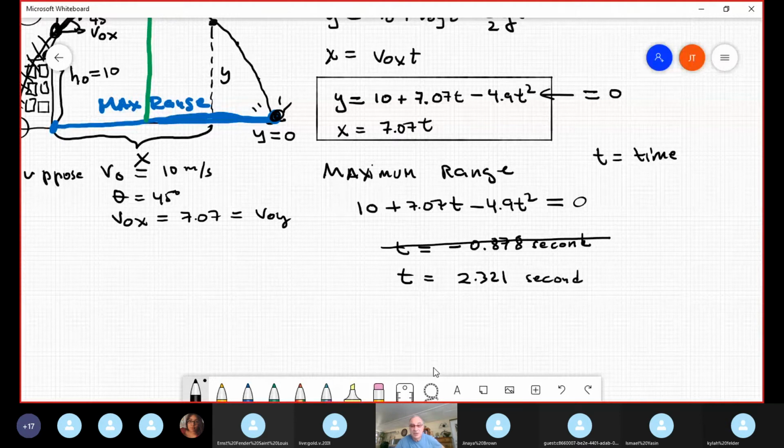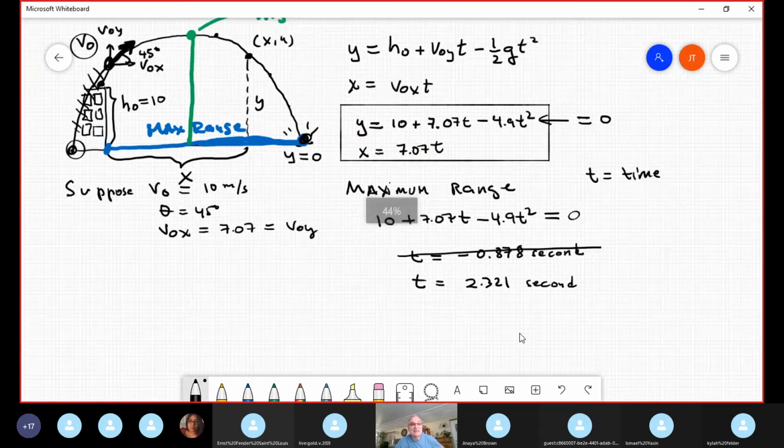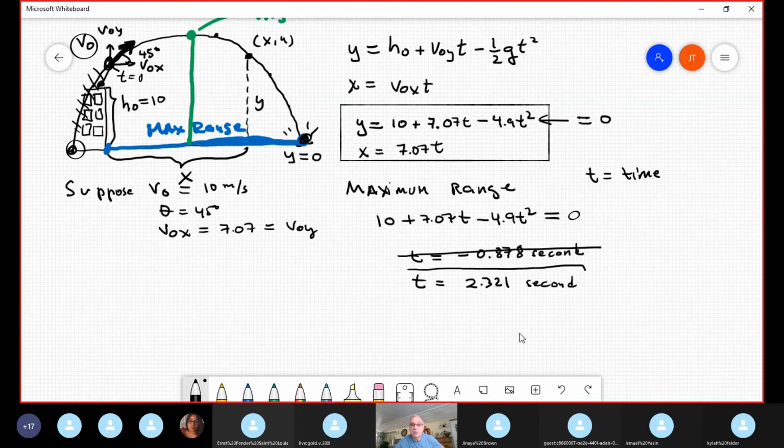This is the part that has no sense because we start the problem here at t equals 0. This is t equals 0, and this is t negative, in the past, completely nonsense. And this is t equal 2.321 seconds, the time at which it hits the ground.